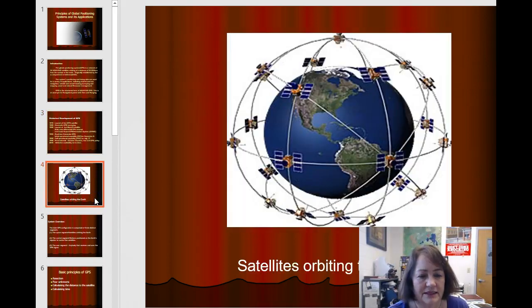So GPS is a marriage between the receiving units that we as surveyors use, or engineers or private individuals who have enough money to buy a GPS system, and the set network of satellites above the Earth.